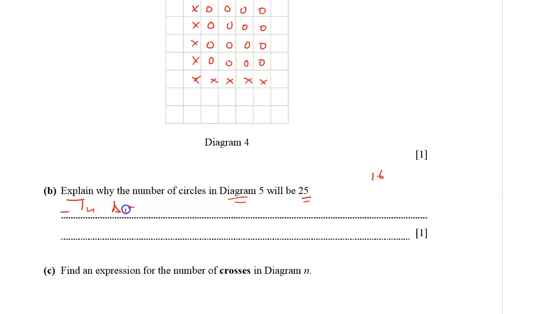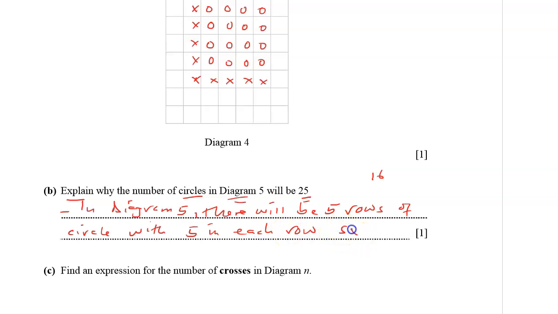So in diagram 5, which is next, there will be 5 rows of circles, with 5 circles in each row.